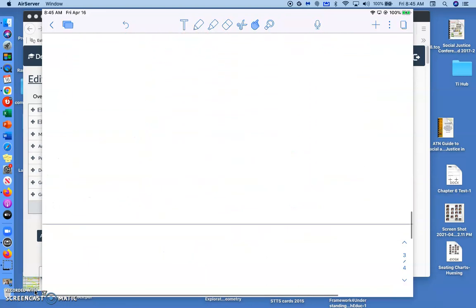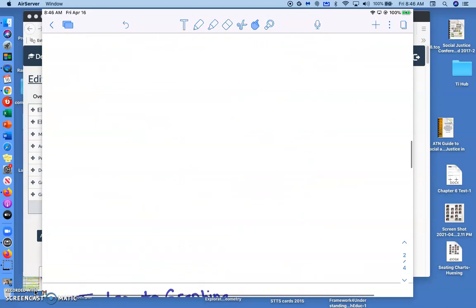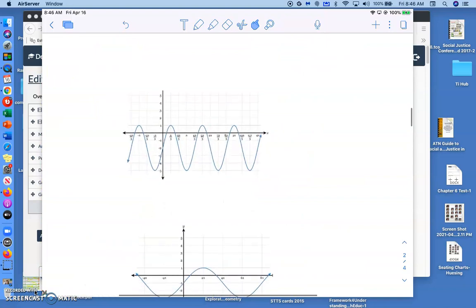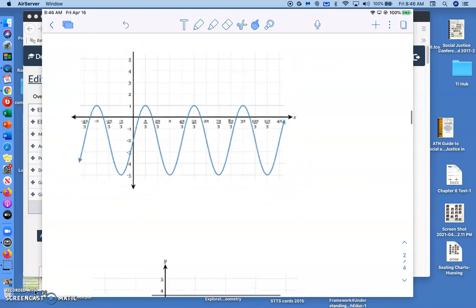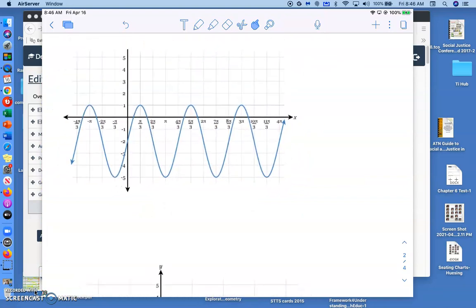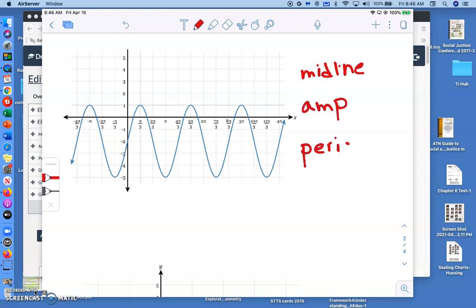So what we're going to do is take a look at some of these graphs, and you won't be able to copy these down here. You could try, but it'd be pretty difficult. And we're going to identify our midline, our amplitude, and our period. So our midline, if we were to divide this right in half, and I might say, well, this is 1.